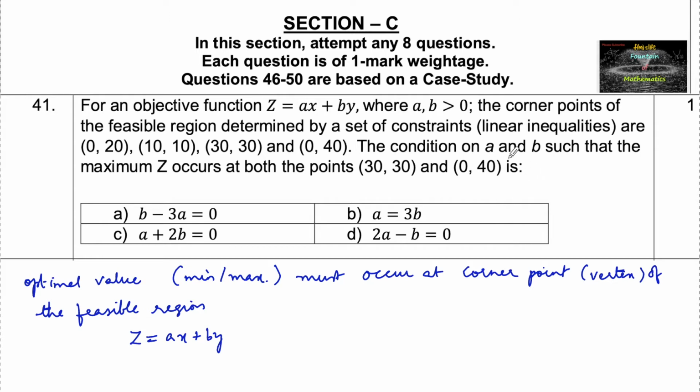And now it is also given that we need to find the condition on a and b such that maximum z occurs at (30, 30) and (0, 40).